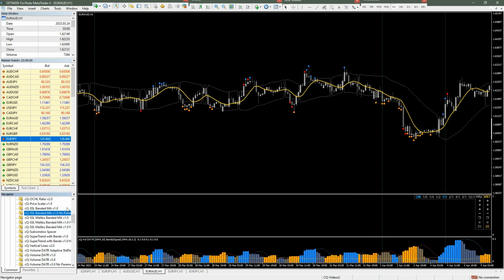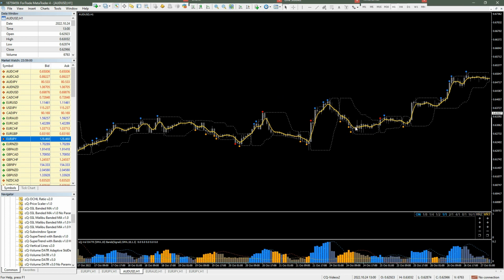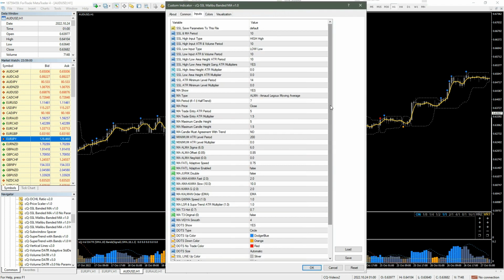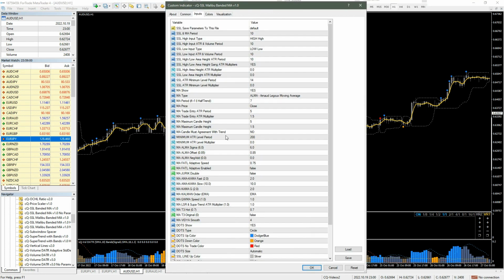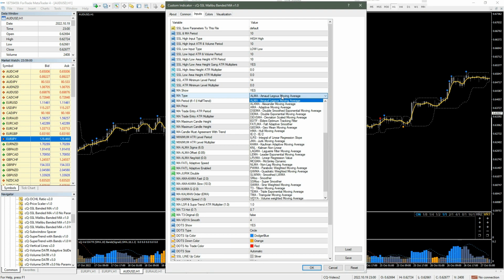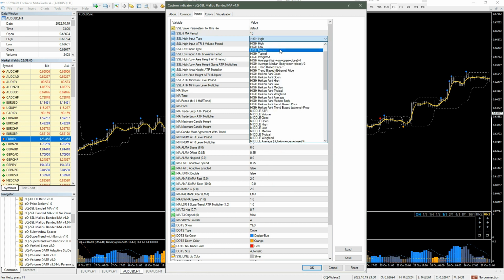And both these indicators also have a histogram version, which I'll show you with this version here. This is the SSL Malibu Banded Moving Average, and this one uses the iHigh function and iLow function to create these boxes. And you generally have to run it a little bit shorter, but I've also done a few things. I mean, you can have a different moving average in there, any of these.